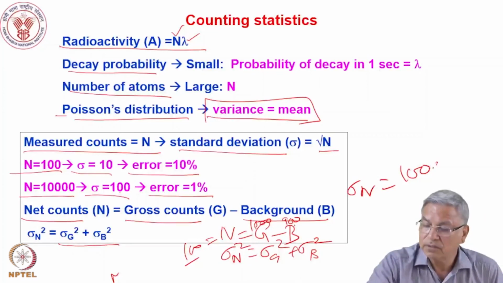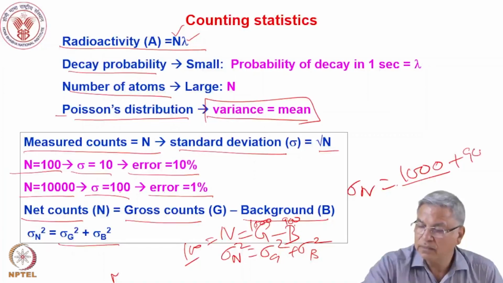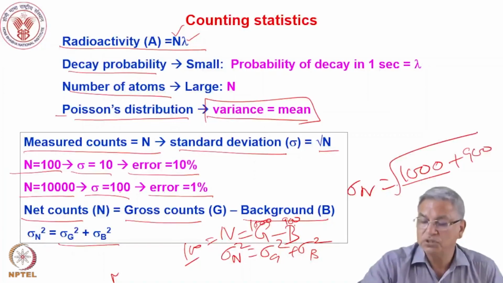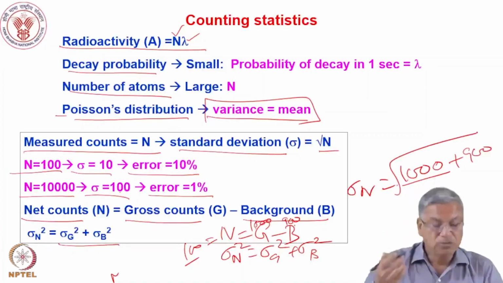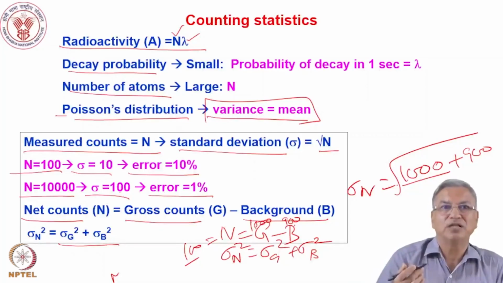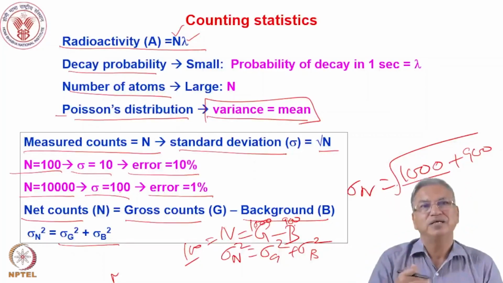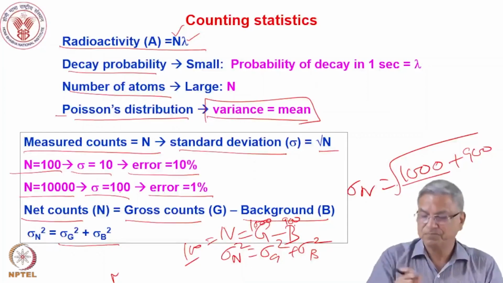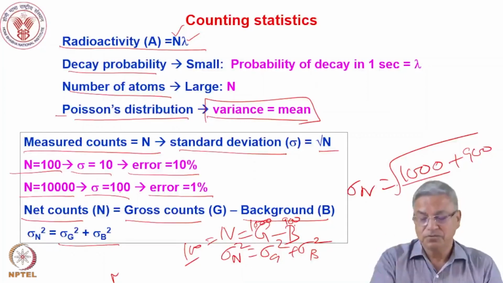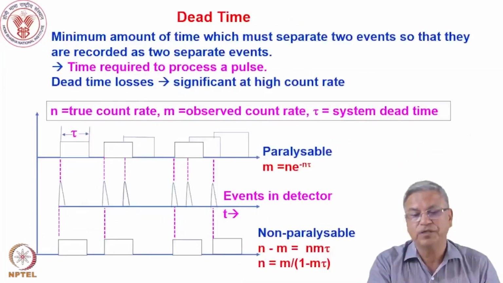This is the error on the gross count plus 900, and square root. So if the background is high, the error on the numbers is very high. So you have to reduce the background to get more reliable results. These are the things one has to take care of when counting.